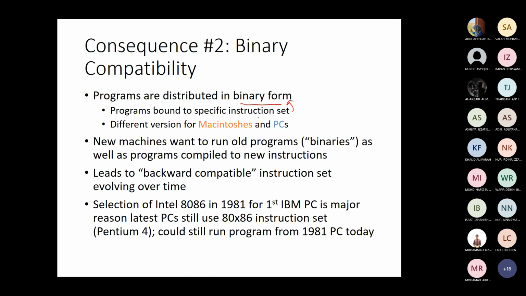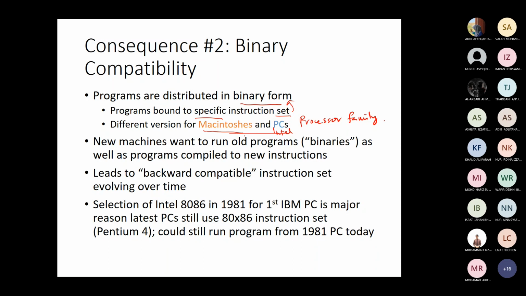So we must have a certain instruction set set up for the program to be executed. For different processor families, there are different versions. Macintosh has a different version of binary form, and Intel has different binary forms.